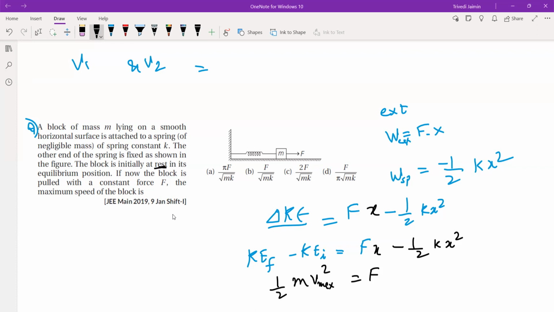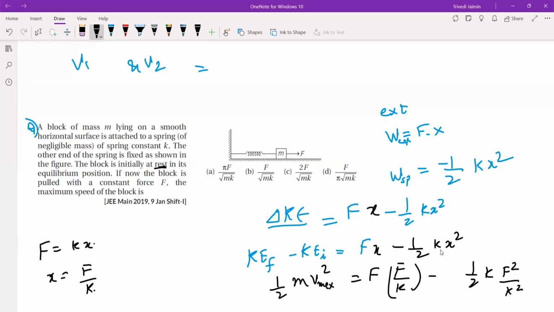By F equals kx, x equals F by k, spring constant. So F times F by k minus 1 by 2 k times F square by k square.